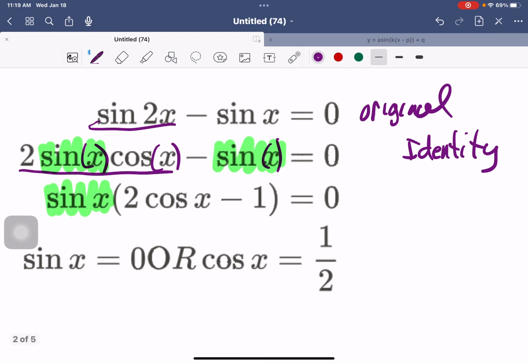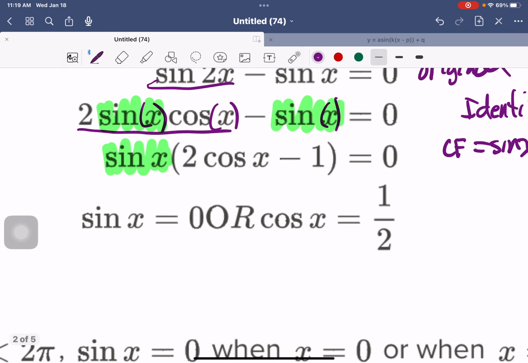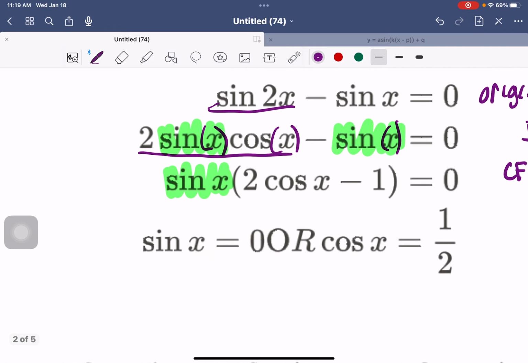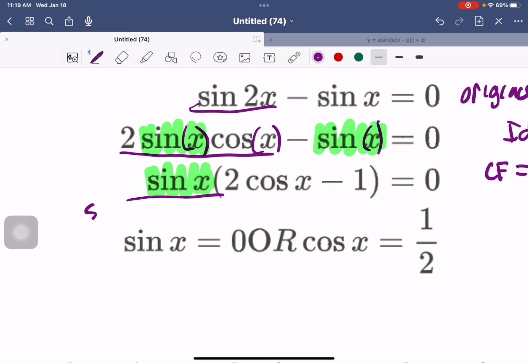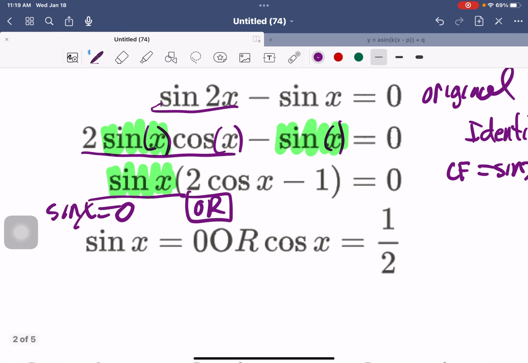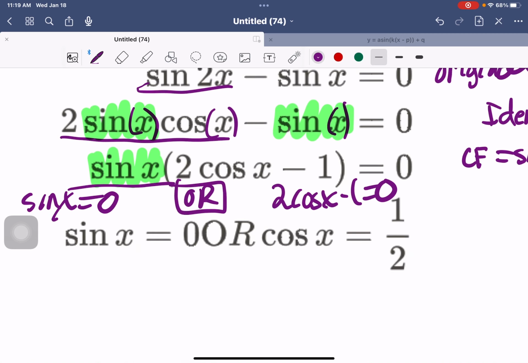So now I have that common factor is sine x. We remove that common factor and we solve. So what do we solve? Either sine x equals 0 or this bracket here is 0. 2 cos x minus 1 equals 0.